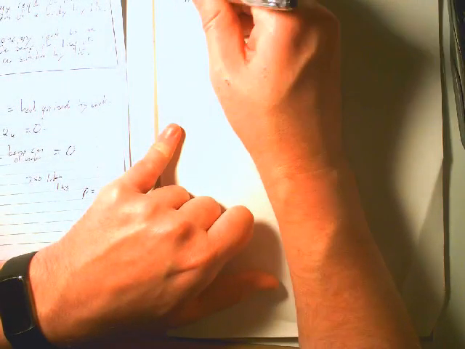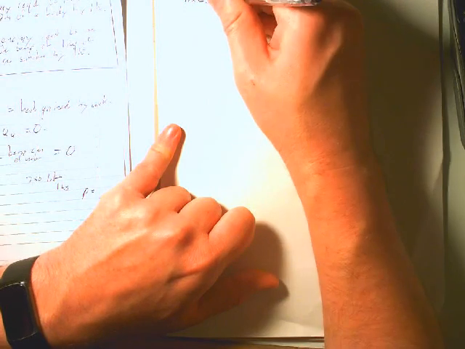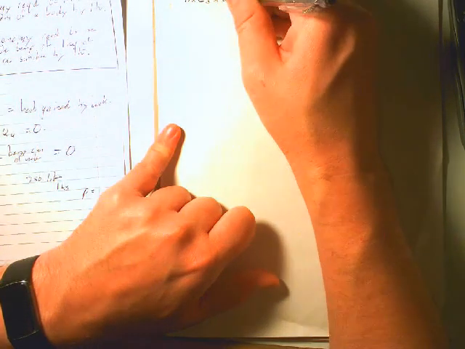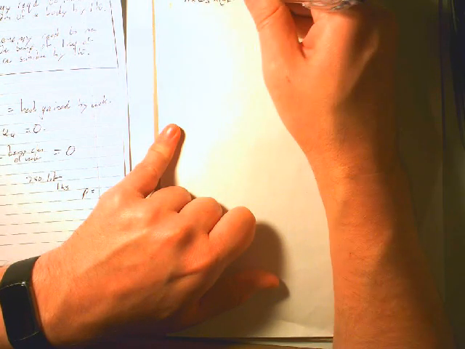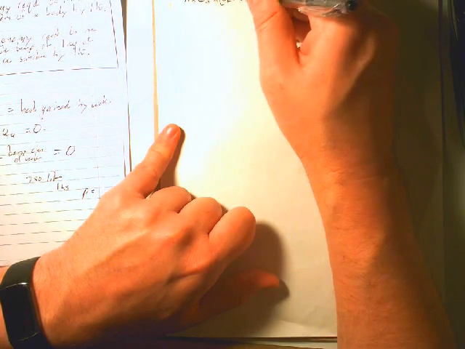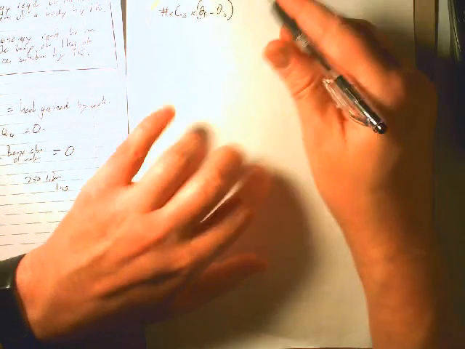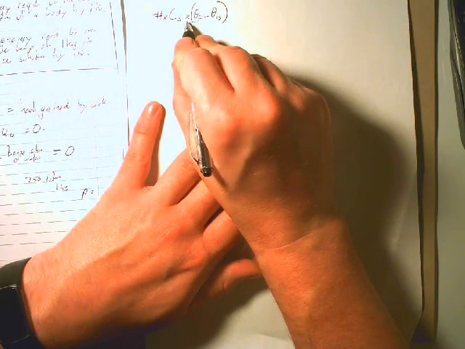Okay, so let's go with the temperature change of the stones. The energy change of the stones is the number of stones we're dealing with multiplied by the heat capacity of the stones multiplied by the temperature change of the stones, which is the final temperature minus the initial temperature of the stones. That's the temperature change. Sometimes we do that as delta theta.